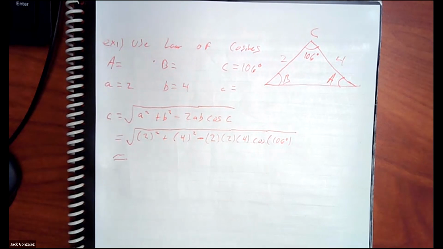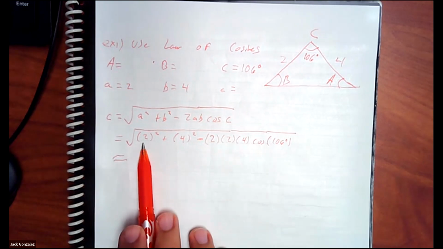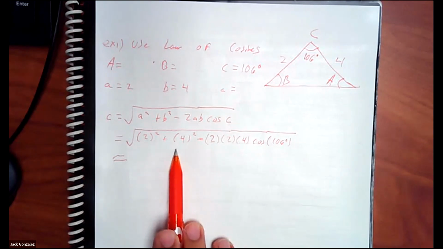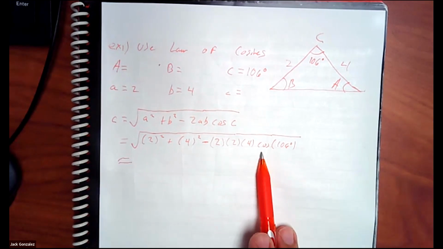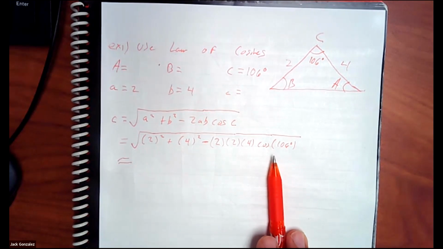Okay. So a squared plus b squared minus 2ab cosine 106.